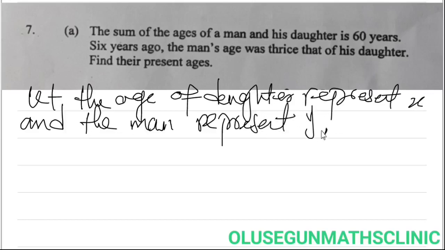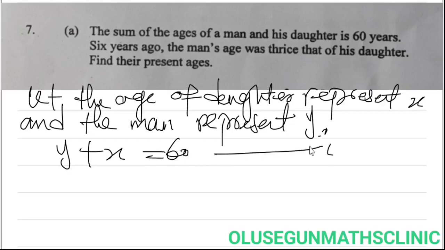y. From the first statement, the sum of the ages of the man and his daughter is 60. This is equation 1. But we go further, he said 6 years ago.